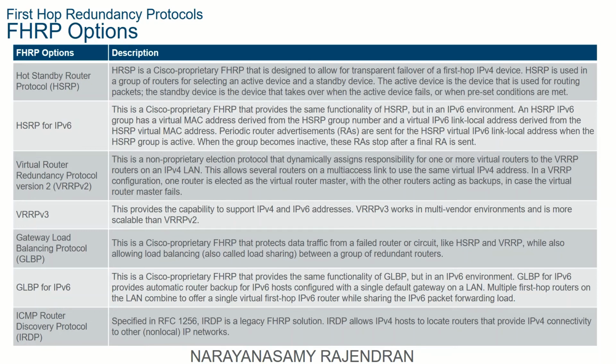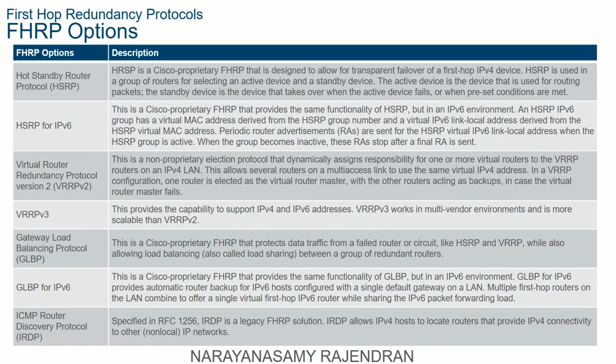Now we will move on to Virtual Router Redundancy Protocol version 2, VRRP version 2. This is a non-proprietary election protocol that dynamically assigns the responsibility for one or more virtual routers to the VRRP routers on an IPv4 LAN. This allows several routers on a multi-access link to use the same virtual IP address.